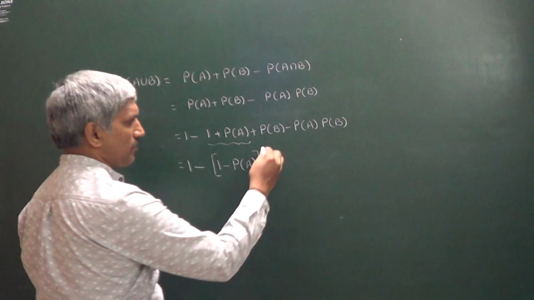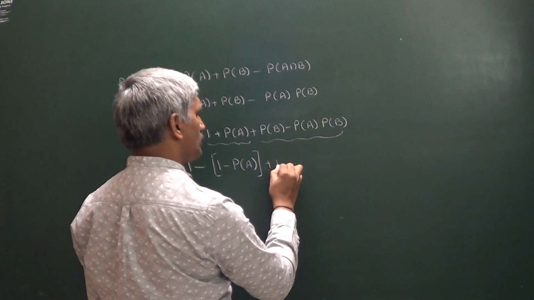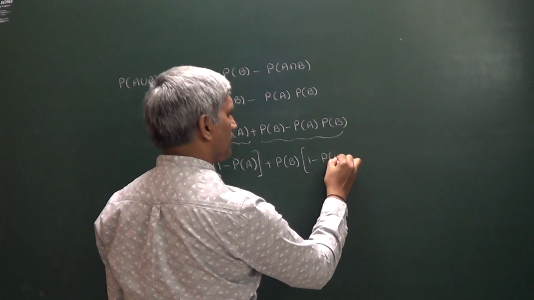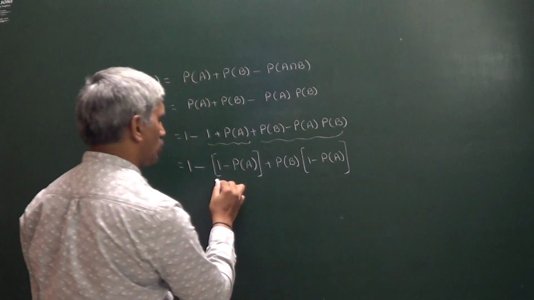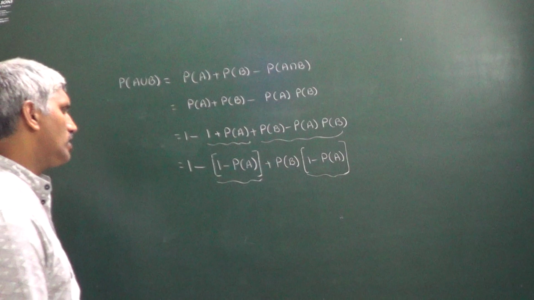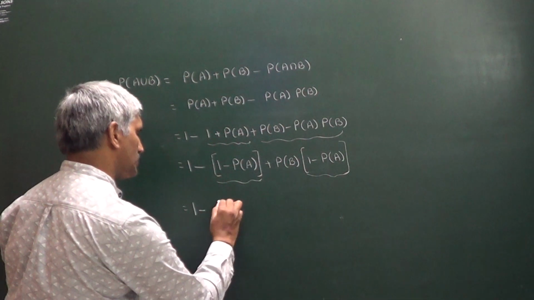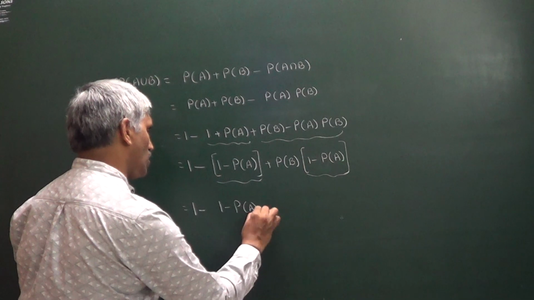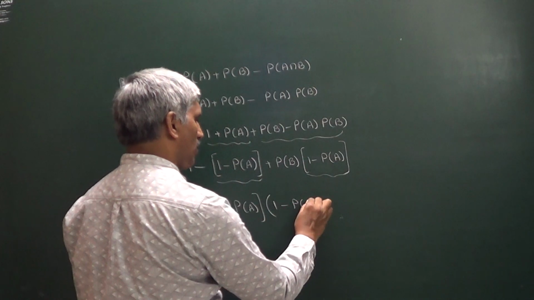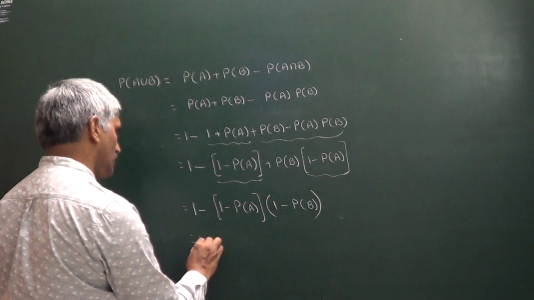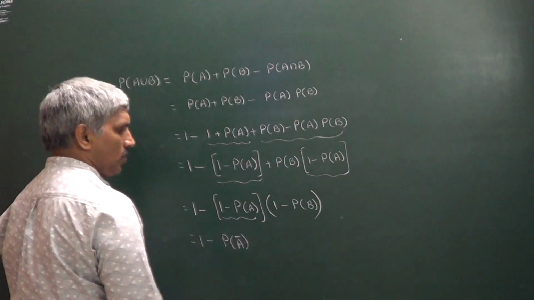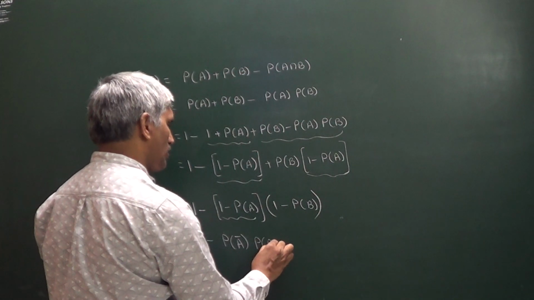Right? Next, from these two we can take P of B common. If you take P of B common, we will get 1 minus P of A. Now here also 1 minus P of A, here also 1 minus P of A. So if we take 1 minus P of A common, then we will get 1 minus P of B. So what can we write this as? 1 minus P of A can be written as P of A bar. 1 minus P of B can be written as P of B bar.